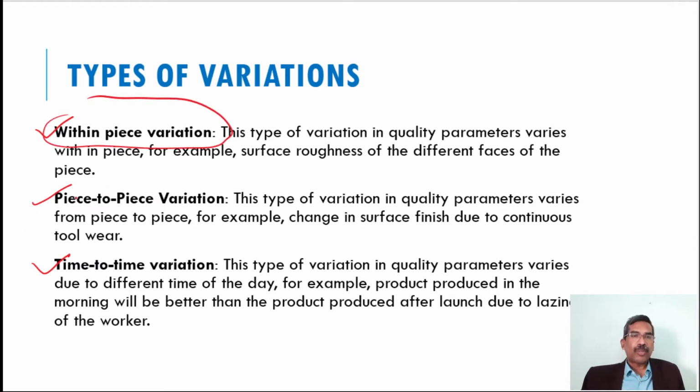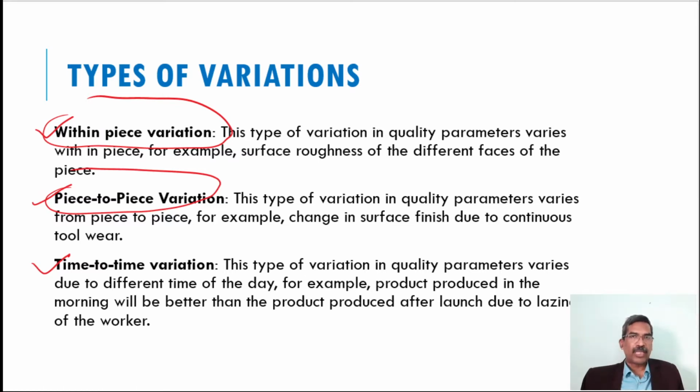Now the second type is known as piece to piece variation, and this may be due to tool wear or blunting of the tool. Initially, if you use a sharp tool, then the surface finish will be very good, and later, due to decreasing tool sharpness, there may be some problem in the surface roughness.